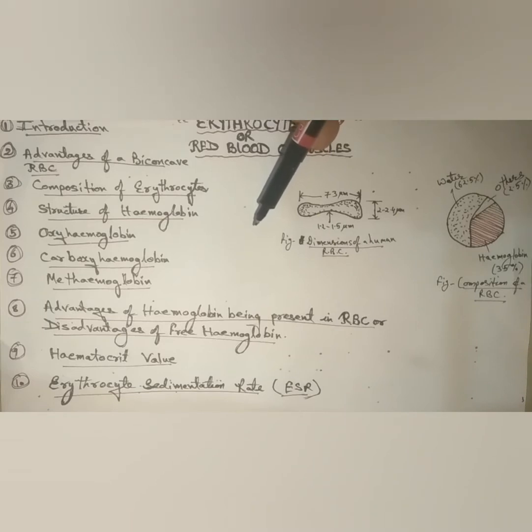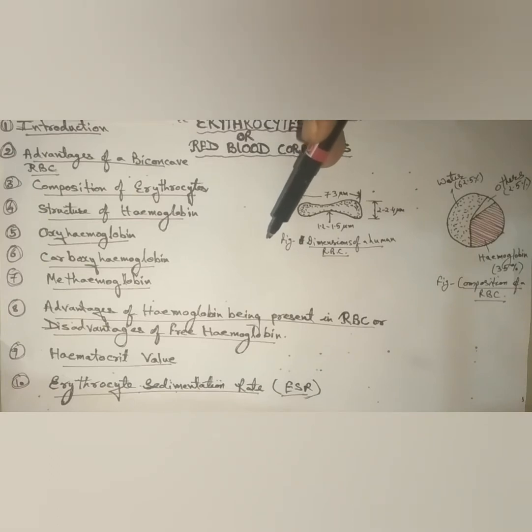Each Fe2+ combines with one molecule of oxygen. This process is known as oxygenation and not oxidation because after combining with oxygen, iron remains in the Fe2+ form. Globin is a protein having 4 polypeptide chains, 2 alpha and 2 beta chains.